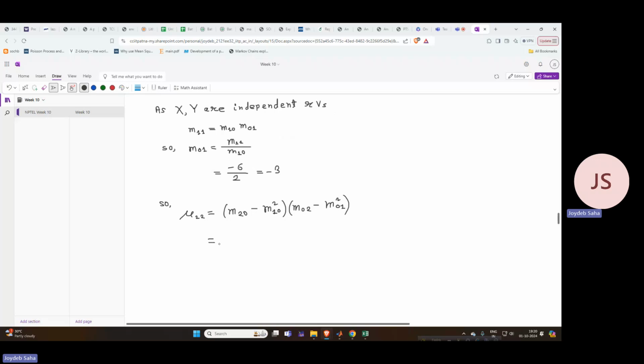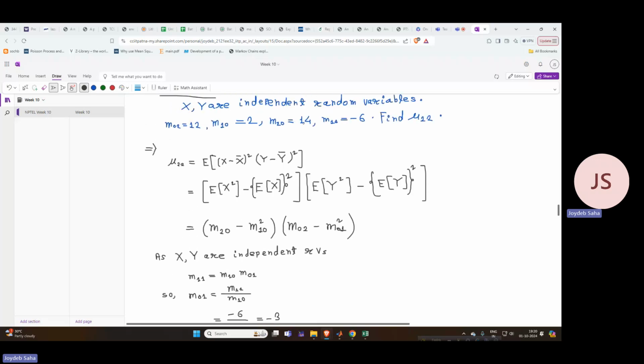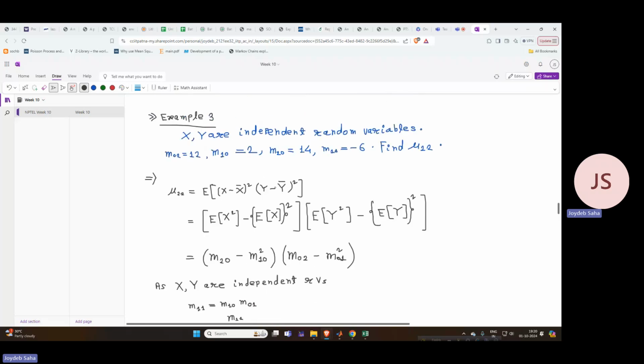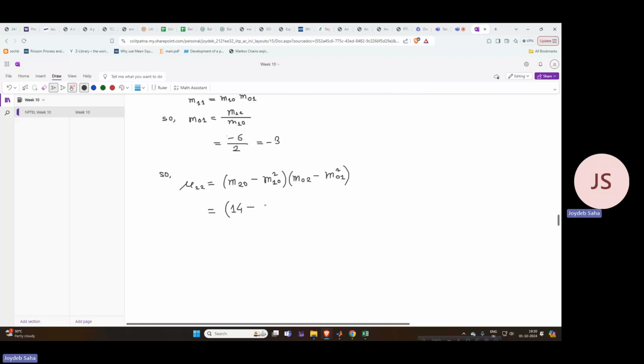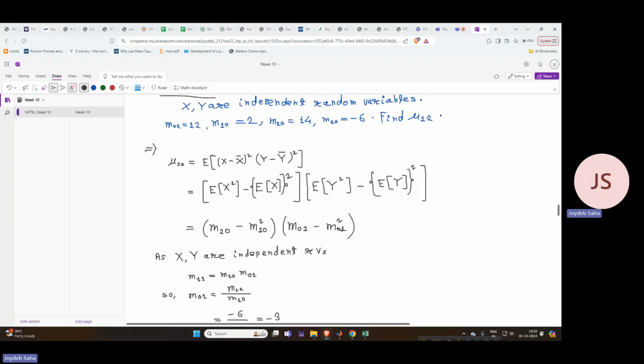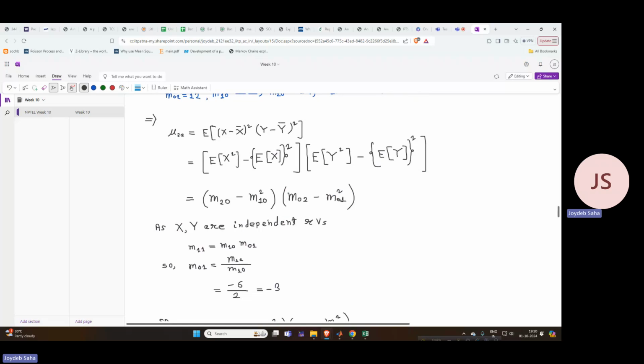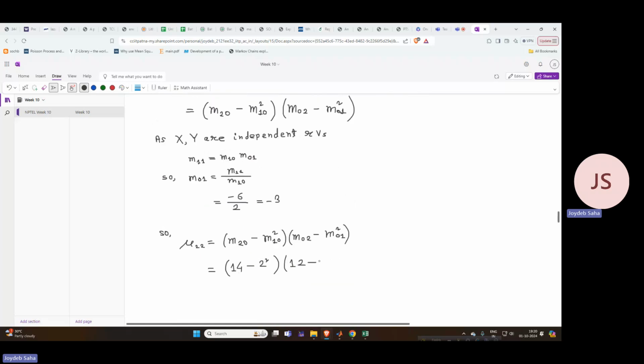What is the value of M20? M20 is given 14, minus M10 square. M10 square means 2 square. M02 is 12, minus M01 square. M01 we have calculated, minus 3 square.